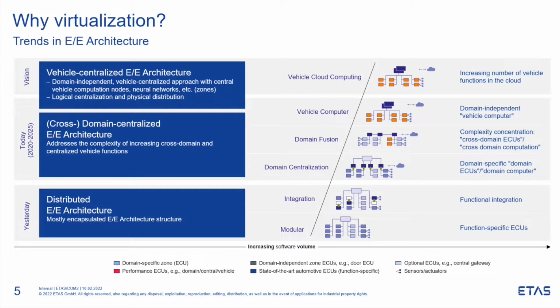Virtualization plays a key role in such a system where you have a central domain controller with the ability to handle several complex functions. The consolidation of functions eventually leads to a cost optimization. So this is extremely important for all the OEMs. The new EE architecture, however, also brings along several challenges. Some of the key challenges that we have observed are significantly increased bandwidth demand for secure onboard communication.